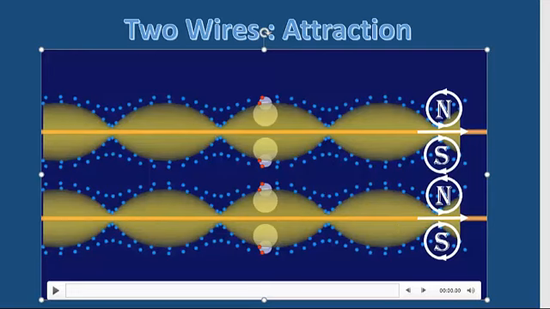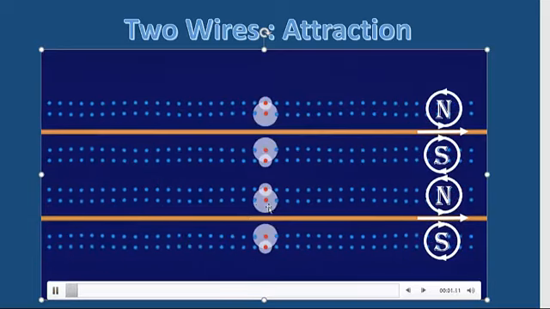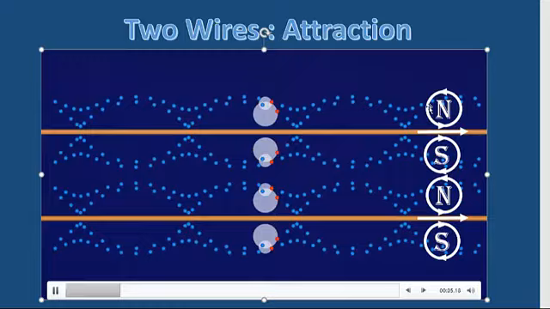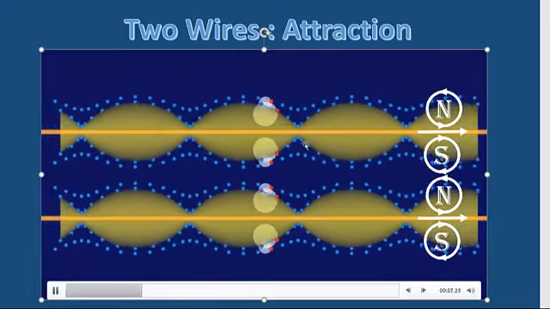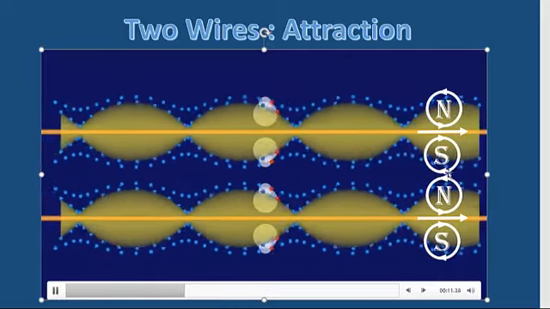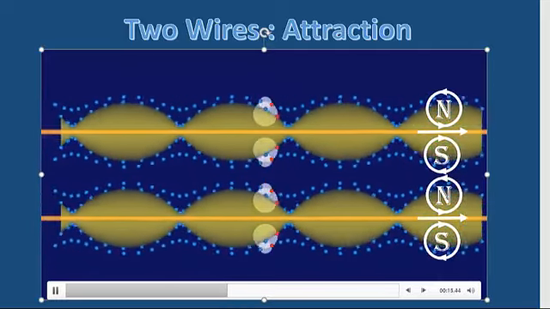And so the other thing I want to point out is that this is counterclockwise circulation, so this is north circulation. This is clockwise circulation below the wire here, which is south circulation. This is counterclockwise and clockwise, north and south.